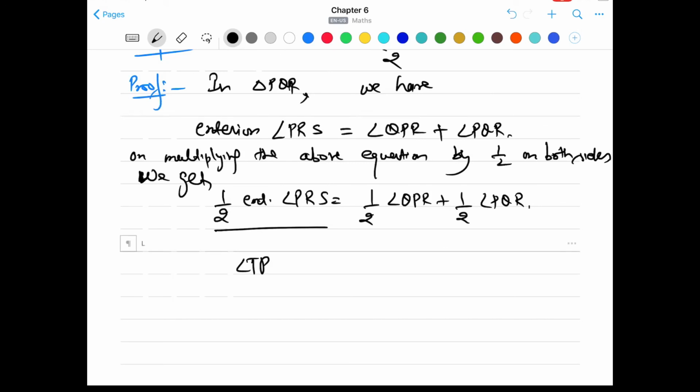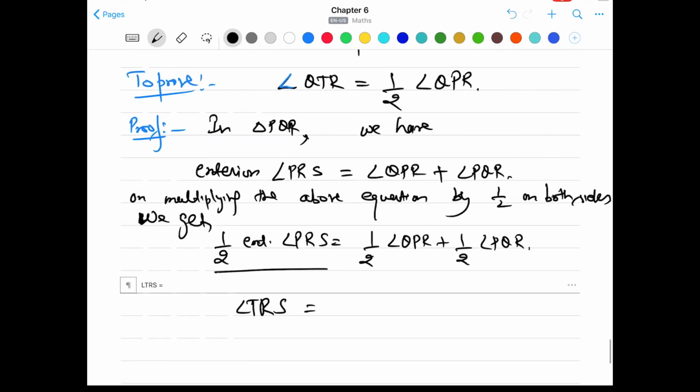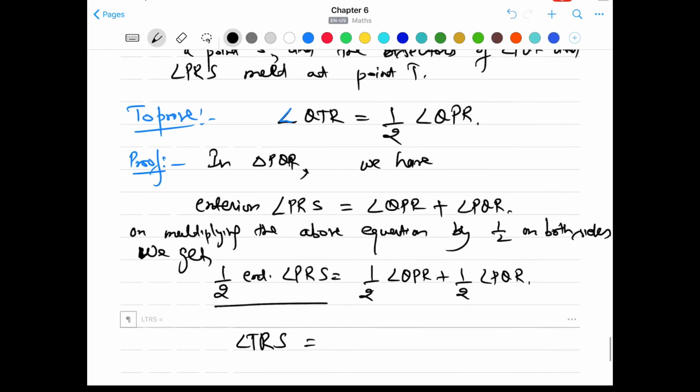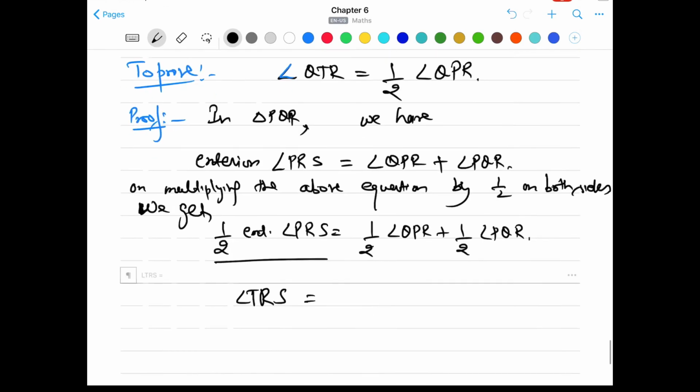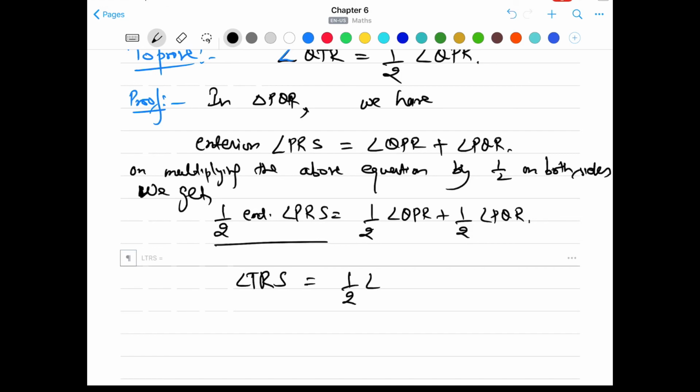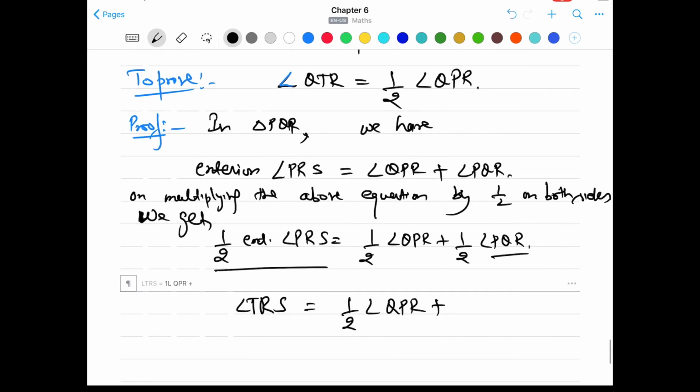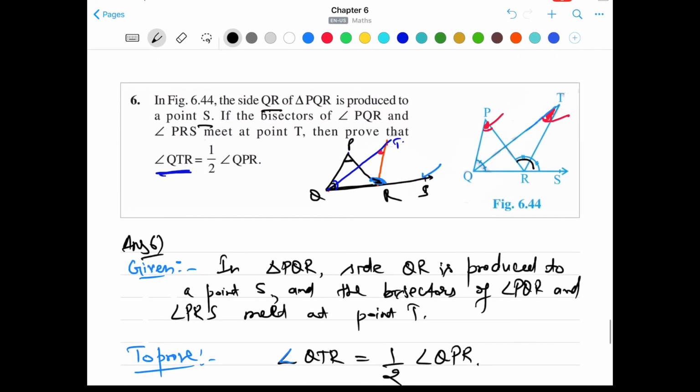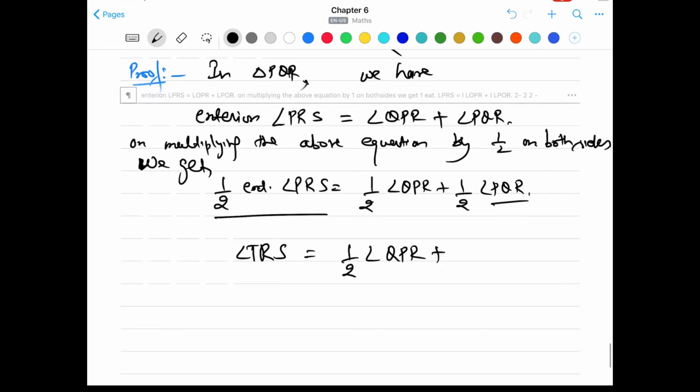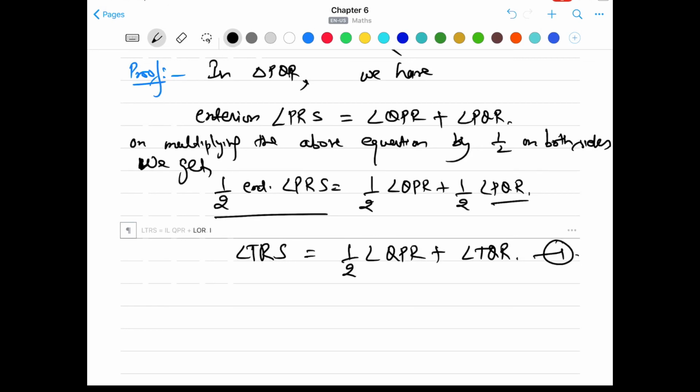At the place of half angle QPR we keep it like this. And half of angle PQR is this one, so let's write this as angle TQR. Okay, let's name it equation number 1.